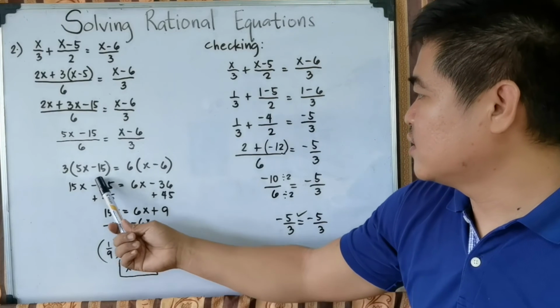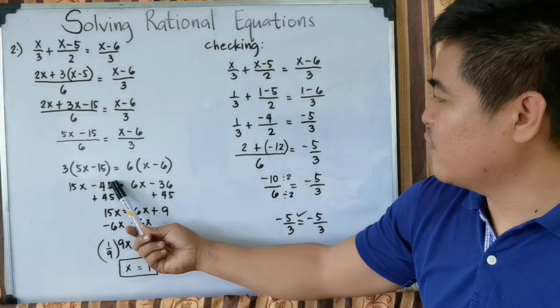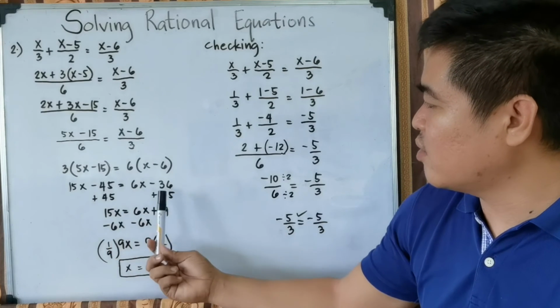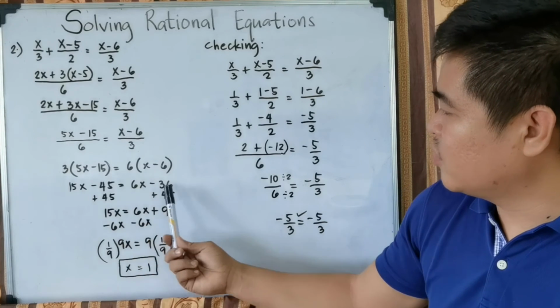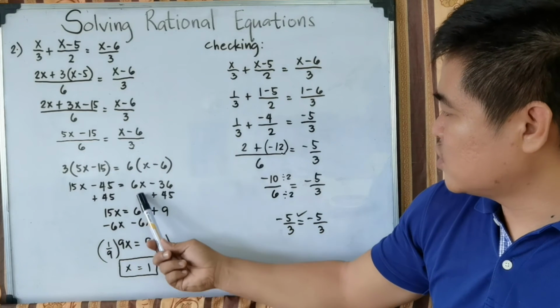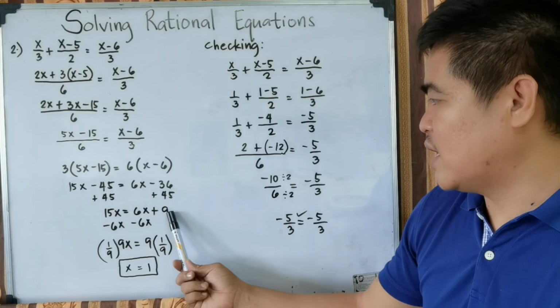On this side, we have a constant term of negative 45. We can make it 0 by adding positive 45 to both sides of the equation. So this is 0. Copy 15x is equal to 6x. Negative 36 plus 45 is positive 9.